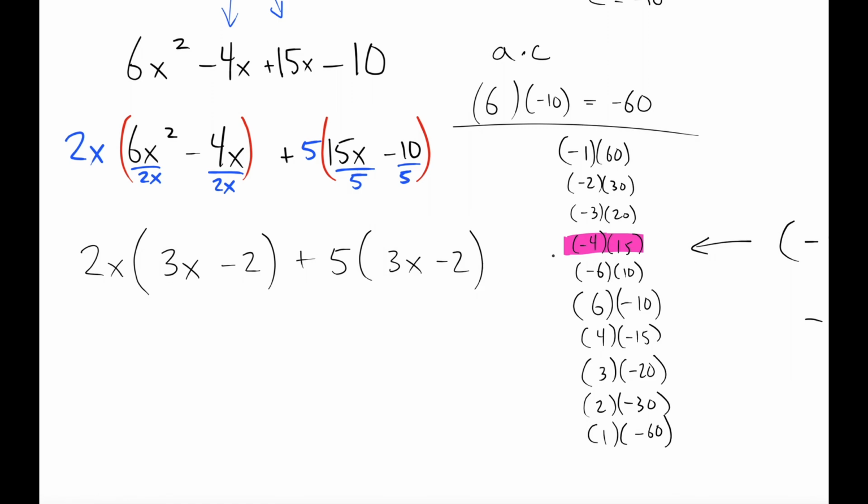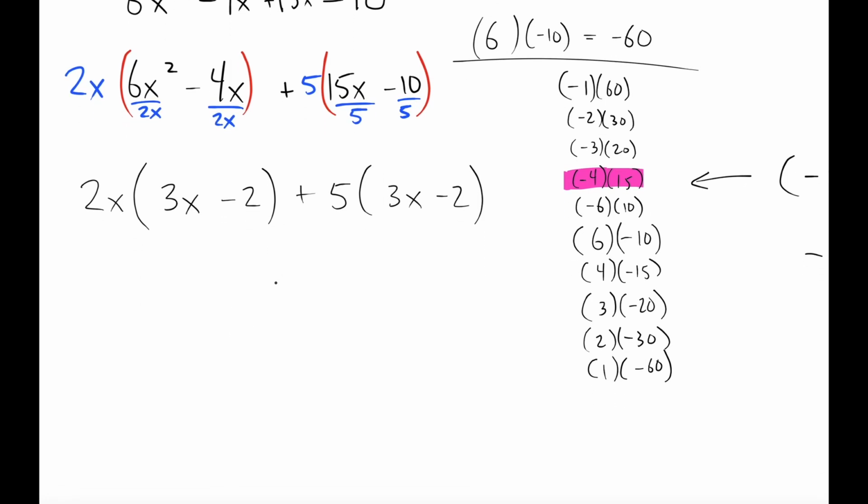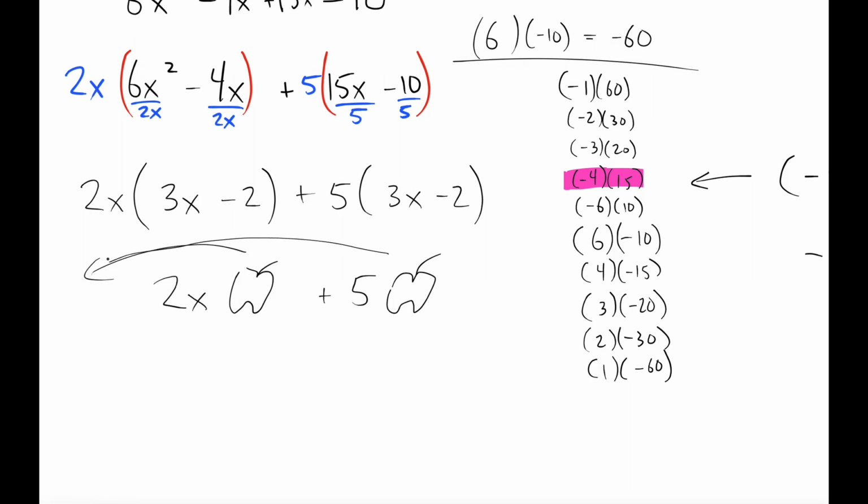It should always be that if you picked the right combination, then these two factors will match. The last step in factoring by grouping is realizing that when we have a factor in common, even if it's a big factor like these, then that thing can be pulled out front.